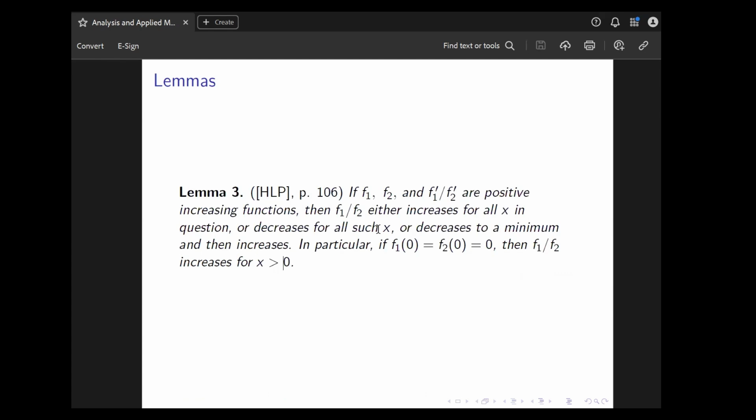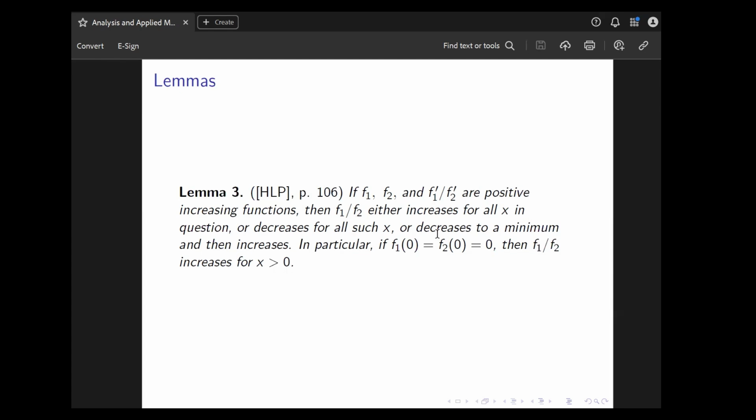I also use this lemma from Hardy-Littlewood-Polya. It is a very interesting lemma. Many works use this kind of result in their study of maximum and minimum problems. So if f1, f2, and f1 prime divided by f2 prime are positive, increasing functions, then f1 over f2 either increases for all x in this interval, or decreases for all such x, or decreases to a minimum and then increases.